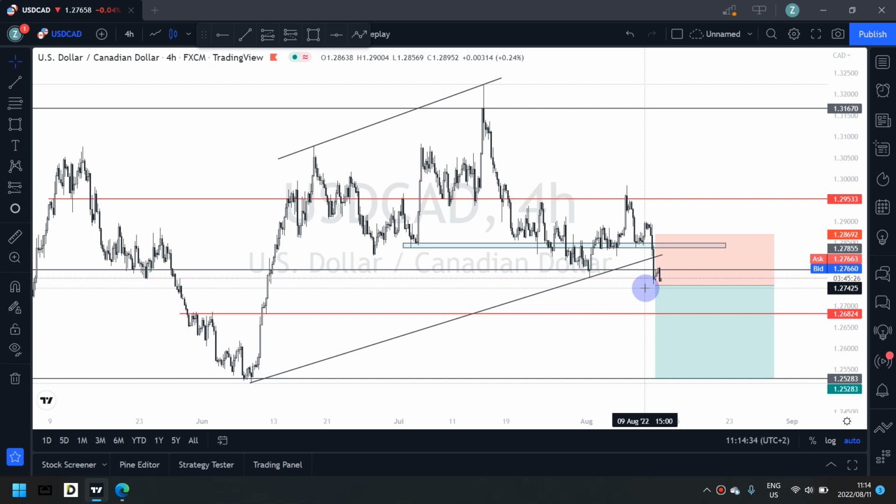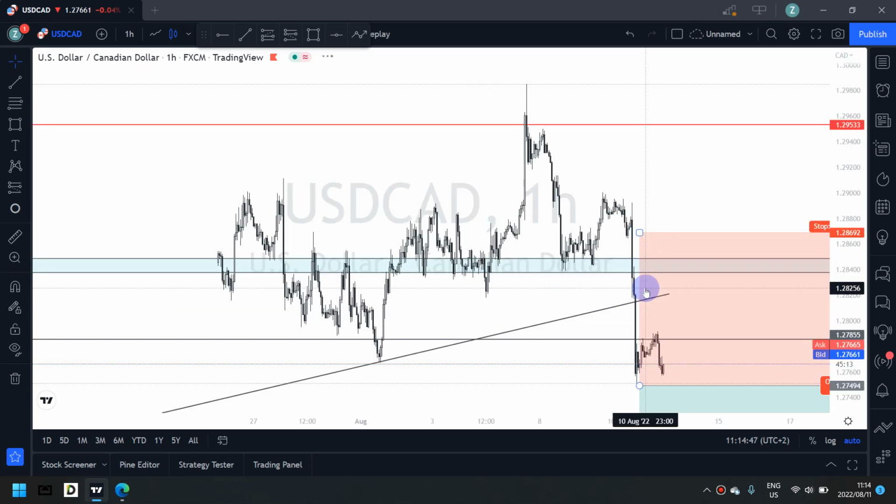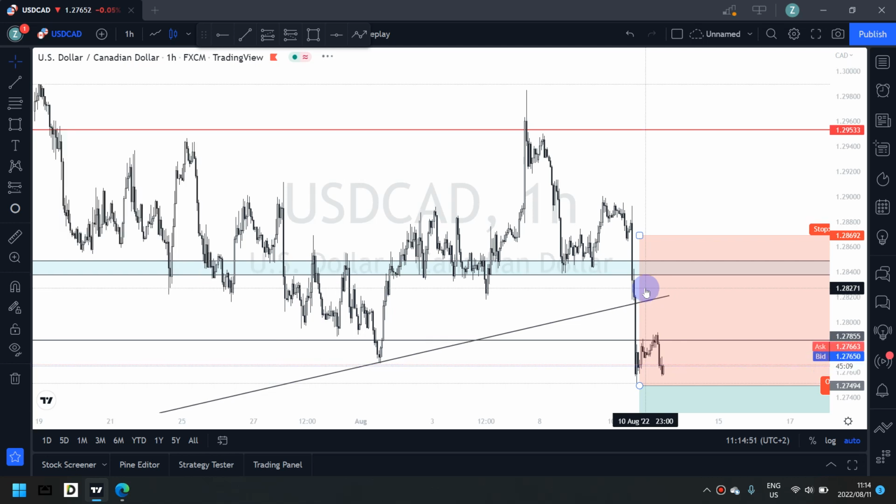right? So now, seeing that this is the setup that we have, I want to move deeper to see whether there is anything that we can find. So this is the hourly time frame, right?